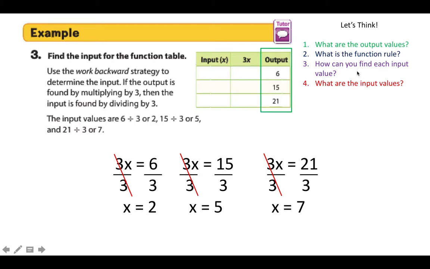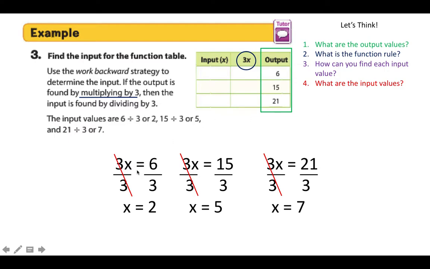So what is the function? What are the output values? 6, 15, and 21. So the function rule, 3 times x, or multiplying by 3, is our function rule. So that means we can multiply x times 3 to get 6, x times 3 to get 15, and x times 3 to get 21. How can you find each input value though?